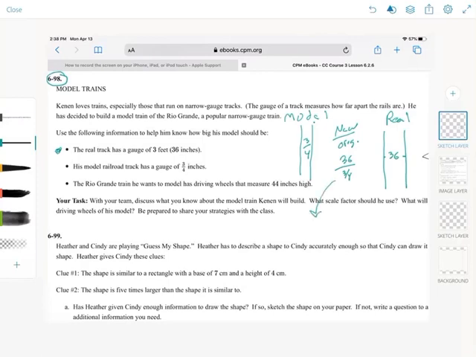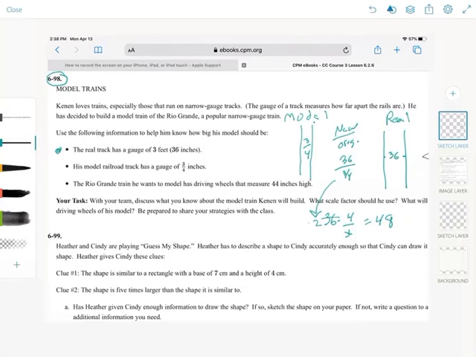Dividing by a fraction is the same as multiplying by the reciprocal, so that's the same as 36 times 4/3. 3 cancels there, leaving a 12, and we end up getting 48. So what this means is that everything in real life is going to be 48 times as big as everything in the model. Or everything in the model is going to be 48 times smaller.